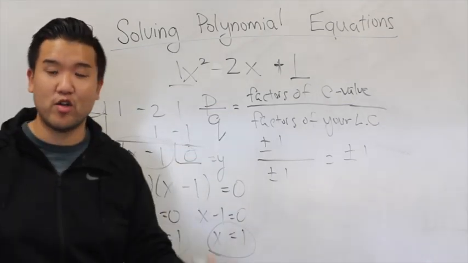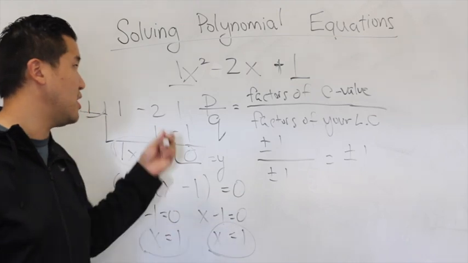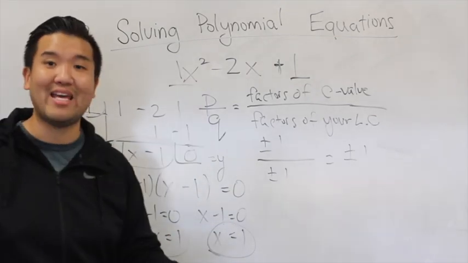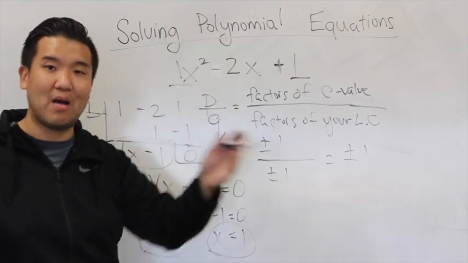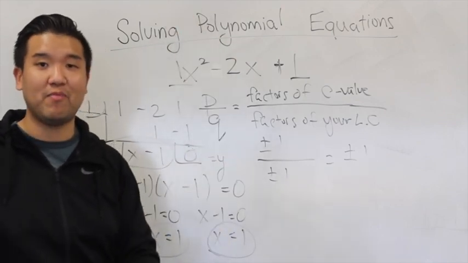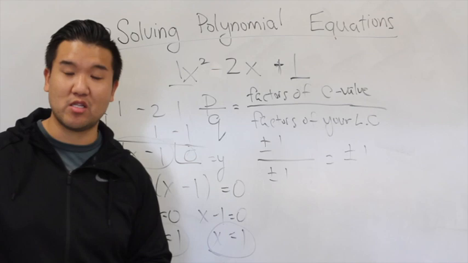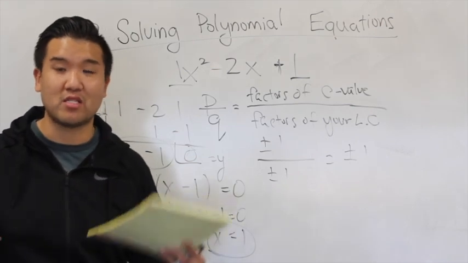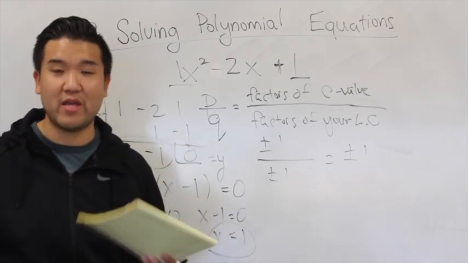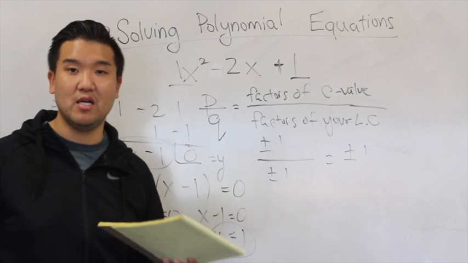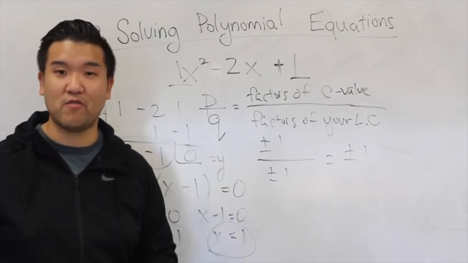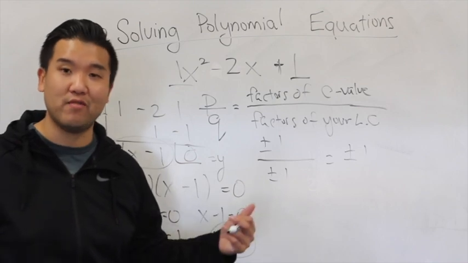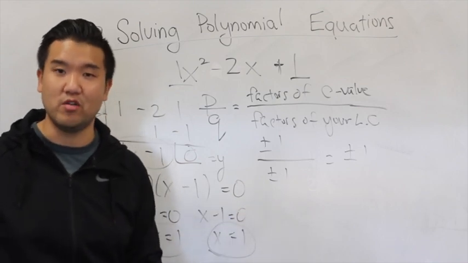Then either you try grouping, and if that doesn't work, you try synthetic again and see if you drop the x cubed to an x squared. So synthetic keeps dropping the highest exponent by 1 every time. Our goal is to get to a quadratic, so we can factor it with all our methods: guess and check, x method, box method, quadratic formula, or even completing the square to find the other x-intercepts. Because you can have irrational values, and you can have imaginary values as well.